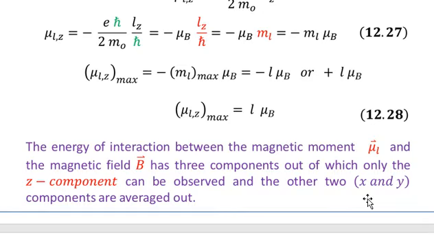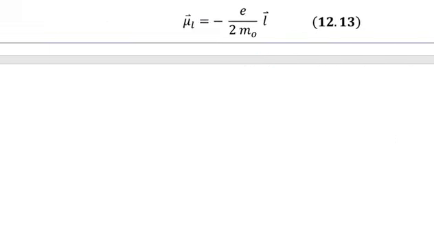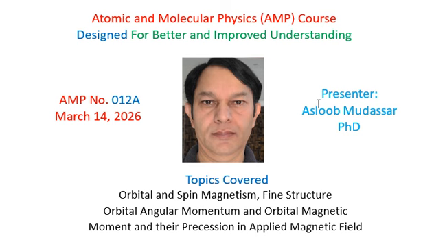So you know that in this lecture we wanted to discuss the orbital and spin magnetism. I have discussed only the orbital magnetism over here. The spin magnetism is yet to be discussed. I have not discussed spin yet.